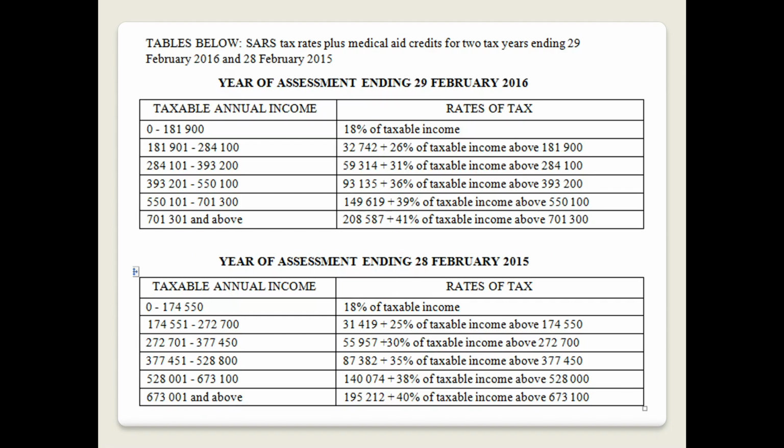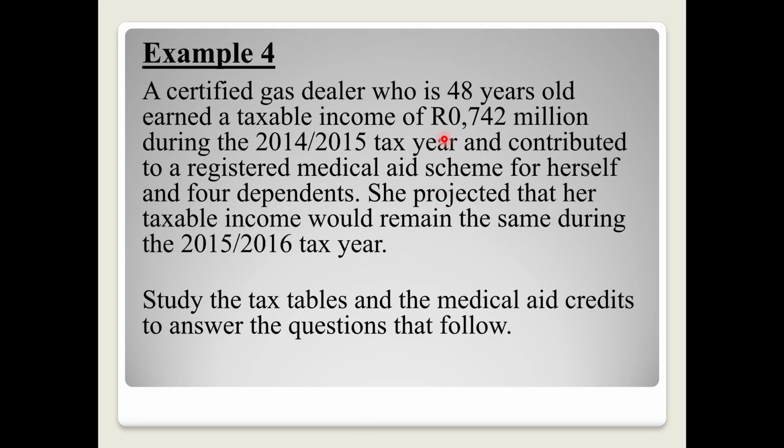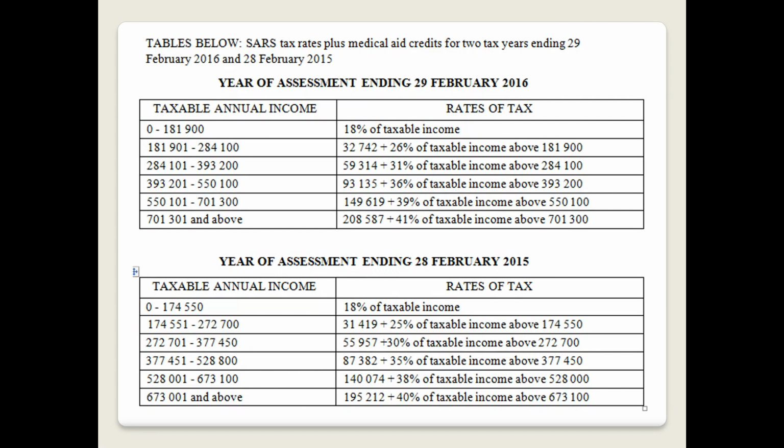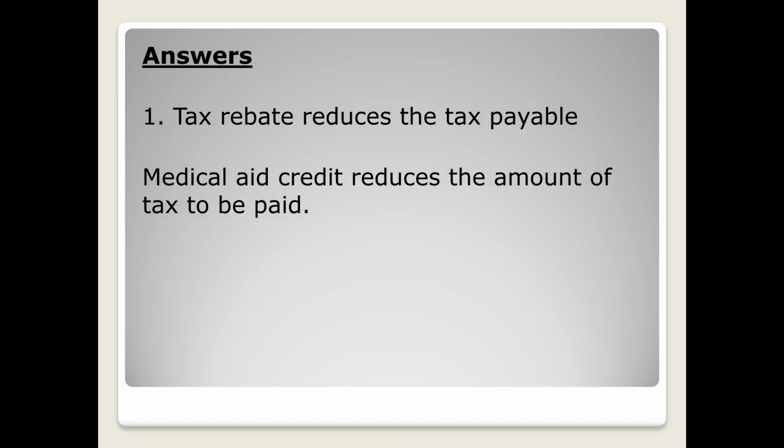The slide said 0.742 million rand, so you had to do the conversion to rands there, because they told us that it was taxable income. Somewhere the dealer already deducted the pension, and if they say taxable income, you leave out the first 2 steps because they've already made the calculations for you.